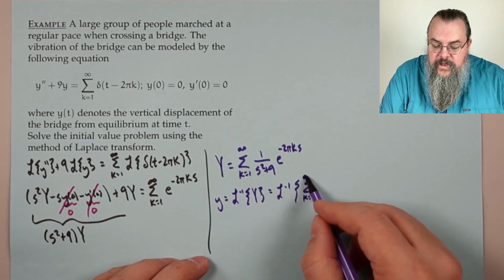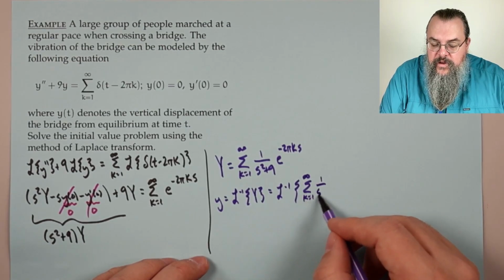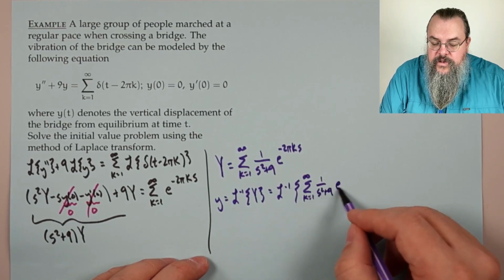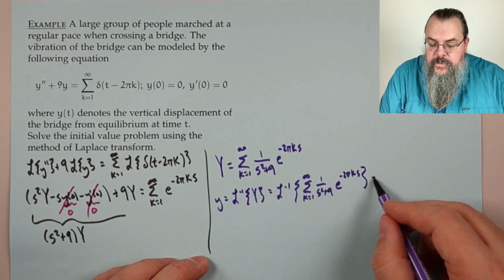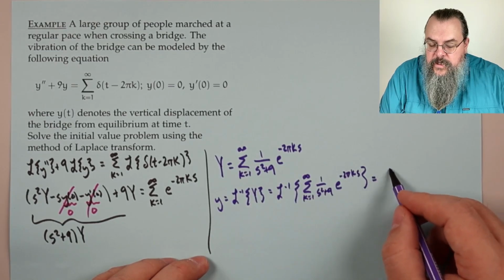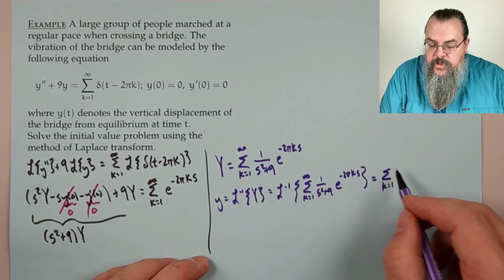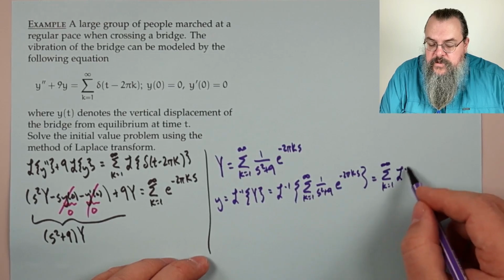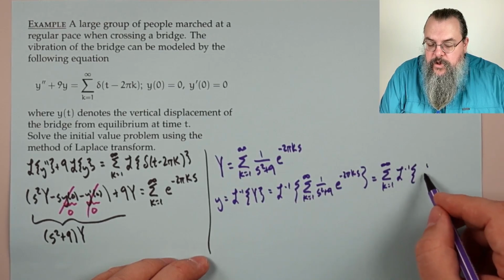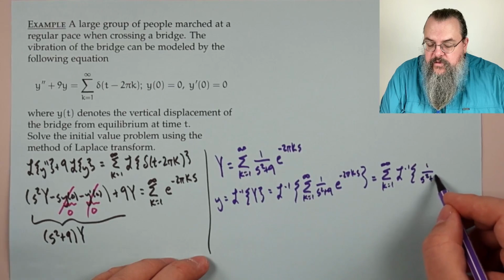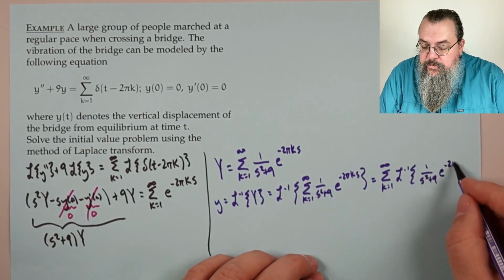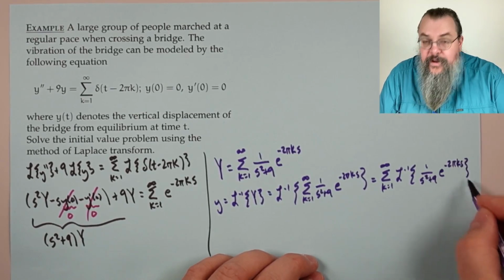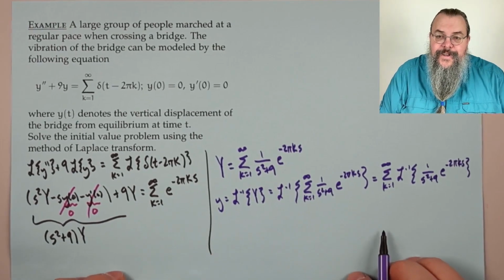Now, the nice thing is the inverse Laplace is also linear. So this is the sum, 1 to infinity, inverse Laplace of 1 over s squared plus 9 times e to the minus 2 pi k s. All right, good.